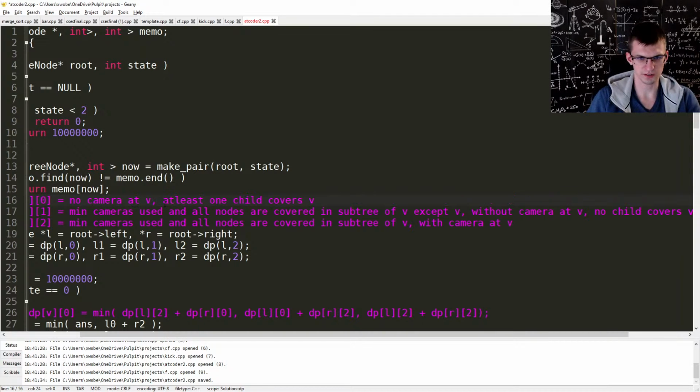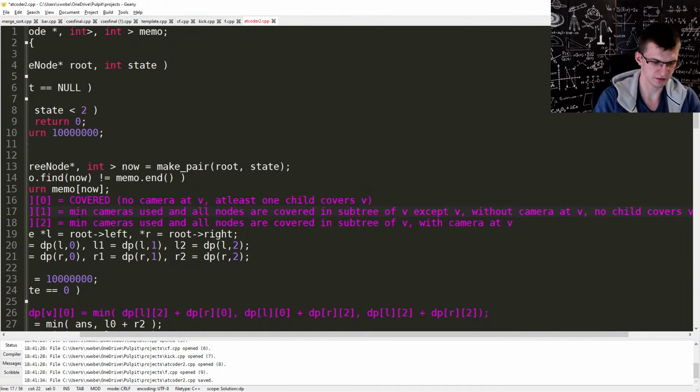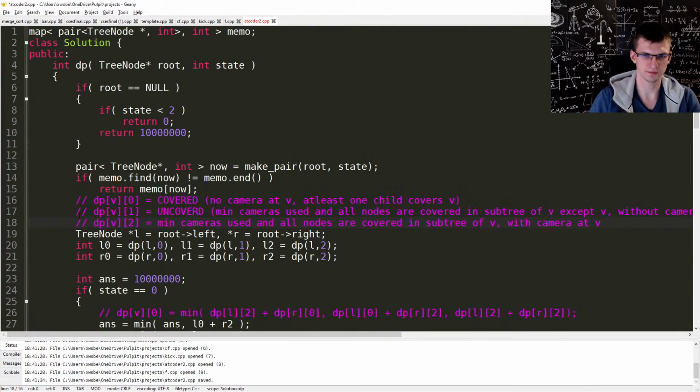No camera at v, at least one child covers v. This is just what we previously called covered. Then DP of 1: min cameras used such that all nodes are covered except v, without a camera, and no child covers v. This is uncovered. So this guy needs a cover from a parent. And finally, with a camera at v.